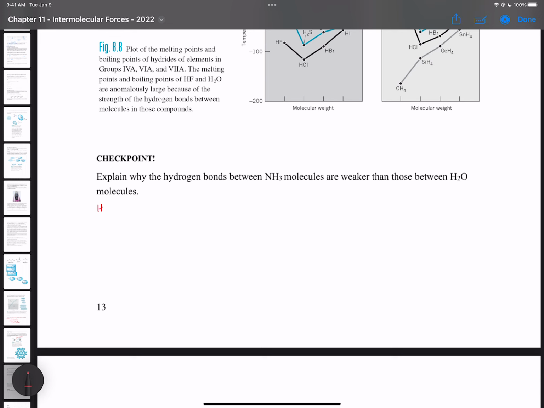So, hydrogen bonds between ammonia molecules are weaker than those between water molecules.